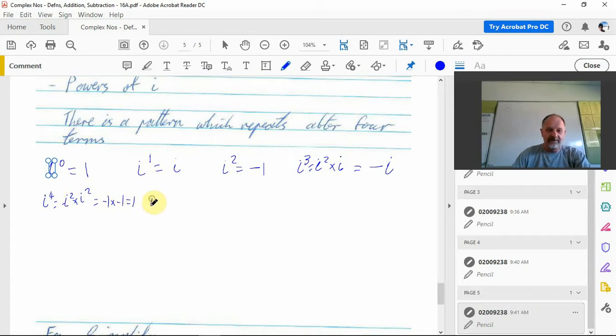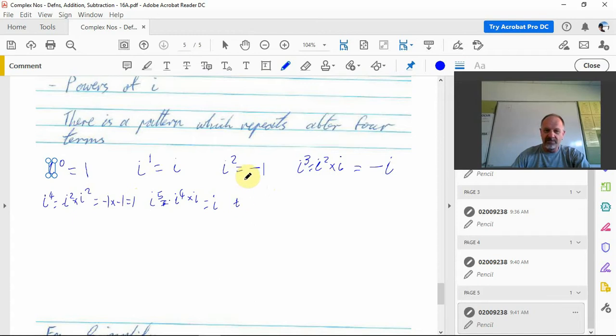And then i to the 5 is i to the 4 times i, and i to the 4 we just found out is 1, so that's just i. So you can see, looks like we're now starting to repeat that pattern.